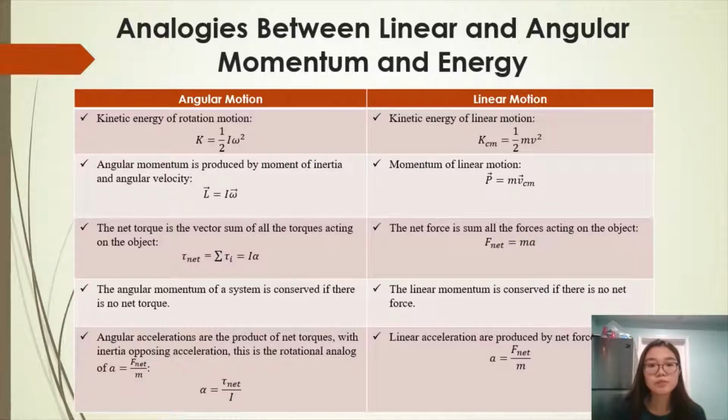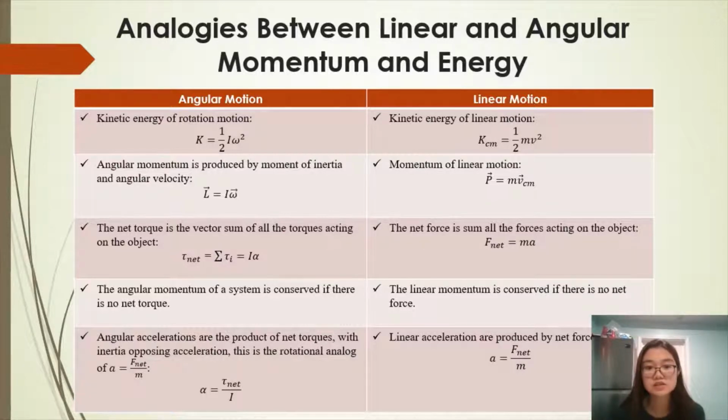In angular motion, the net torque is the vector sum of all the torques acting on the object. The net torque equals the moment of inertia multiplied by the angular acceleration. The angular acceleration is the net torque divided by the inertia opposing acceleration.